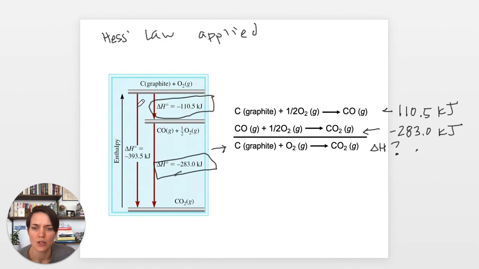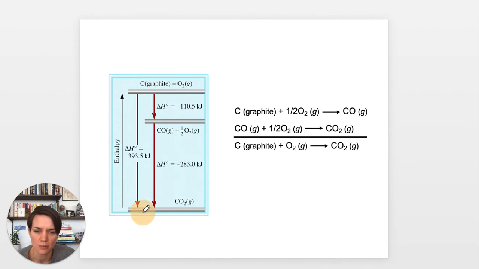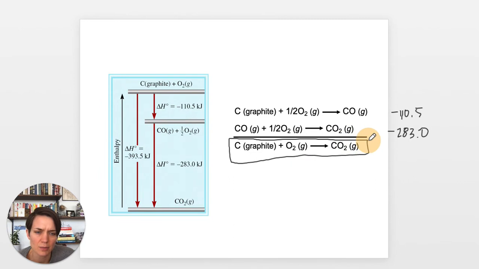So we can see that this total reaction can also be identified. So here we have negative 110.5. Here we have negative 283.0. And this is like our target reaction that we're going for, right? So what we want to do is use Hess's law in order to figure out what that enthalpy change is, given that we know the enthalpy change of these two individual reactions.